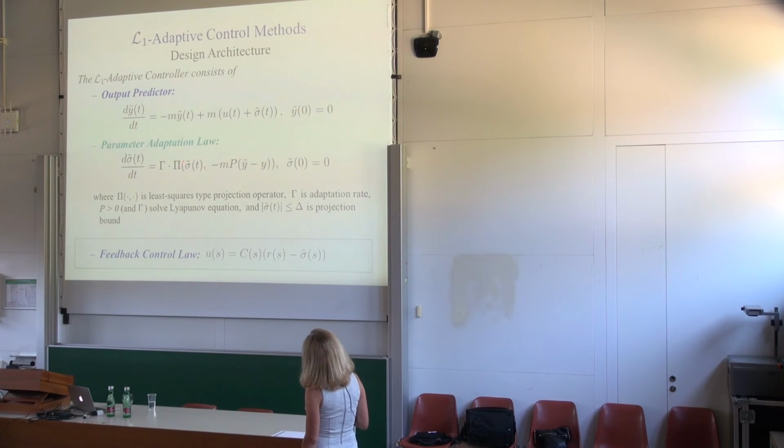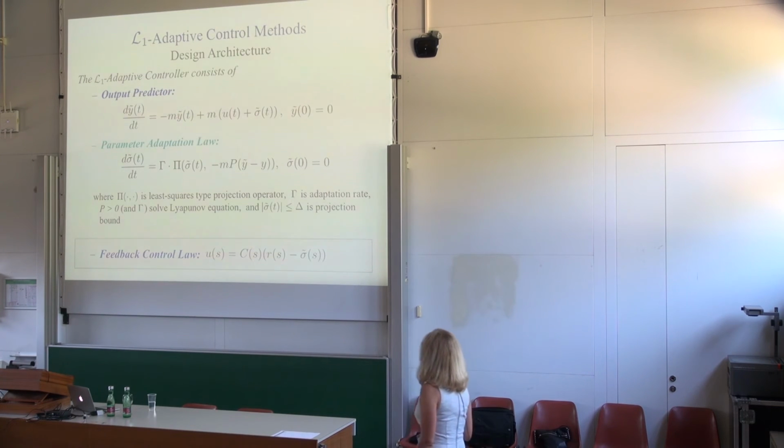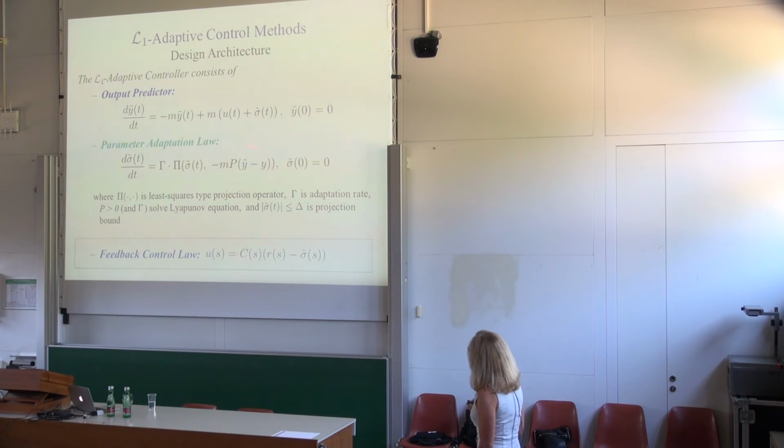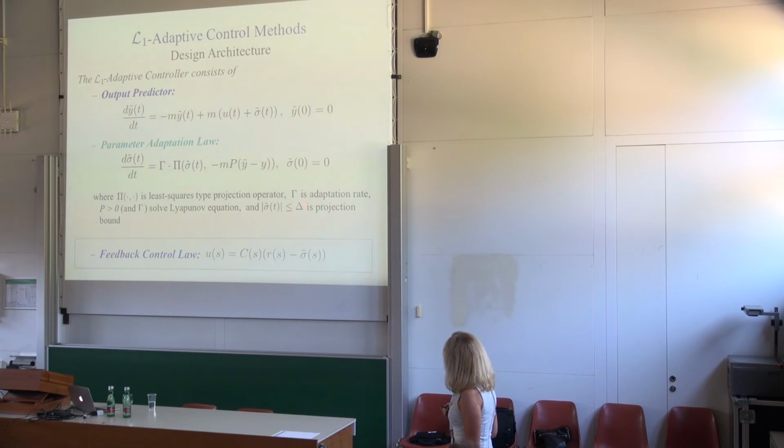This involves a projection type operator that essentially constrains this uncertainty or adaptive parameter to be bounded. Okay, so it's essentially projecting it to stay within a compact space. Okay, so that's what that does.